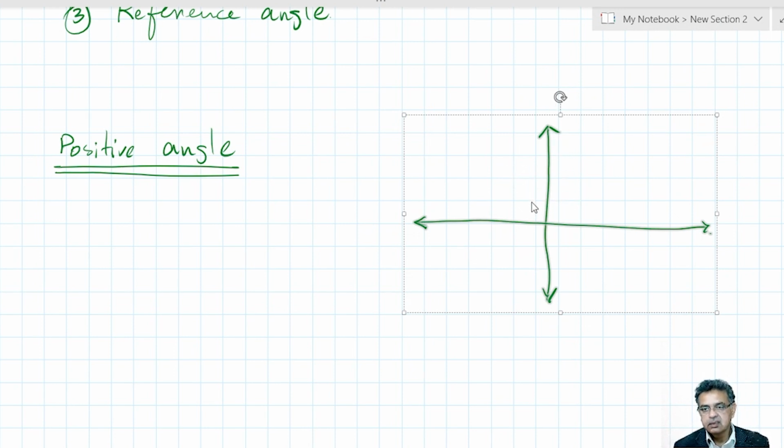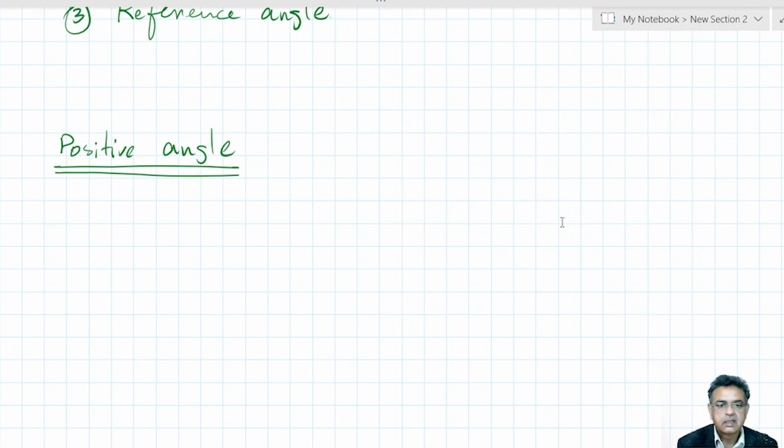So a positive angle is denoted by theta. Let me write the words positive angle in the beginning.